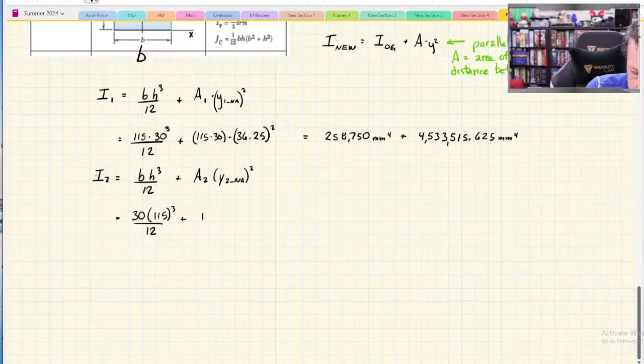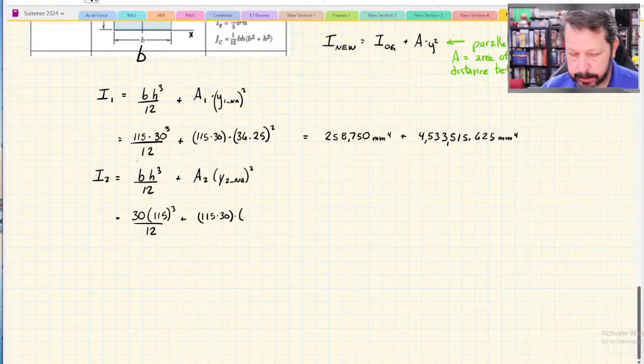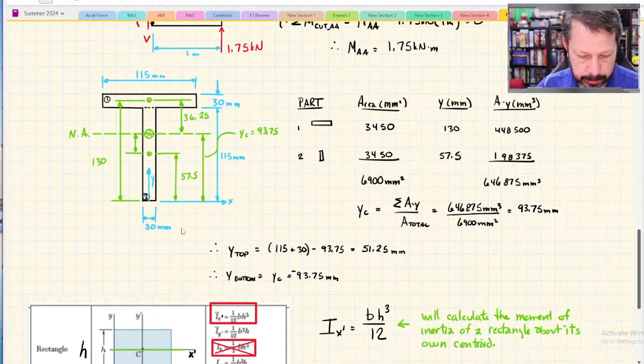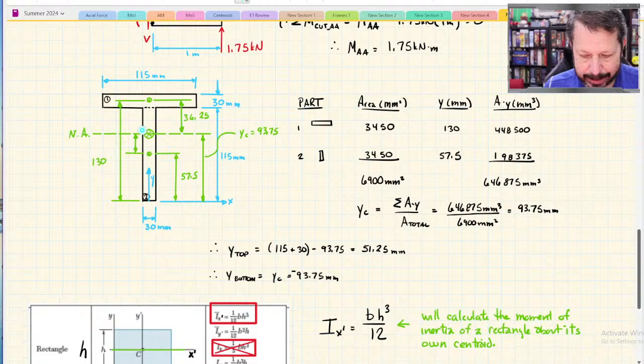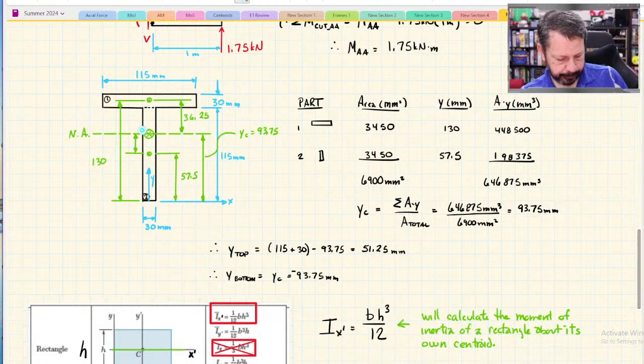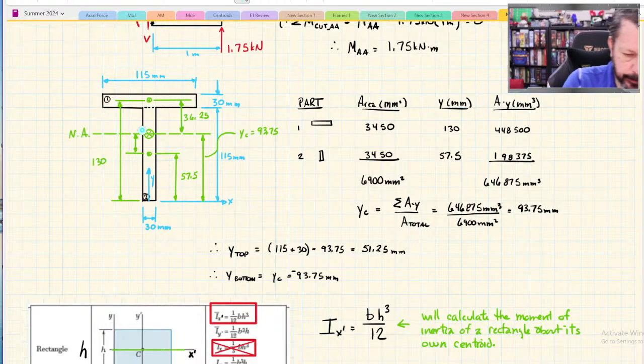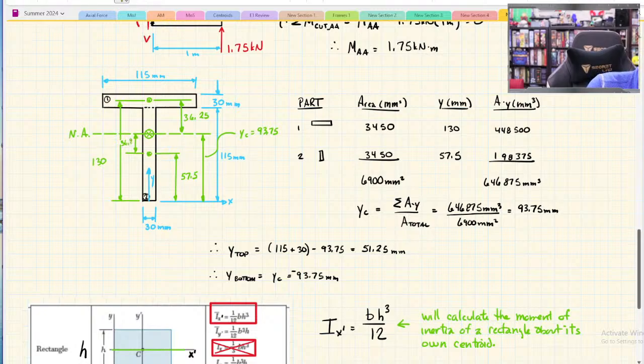Plus the area, which is the same area. And the distance, let's go back to our picture. The distance here is that distance. So what is that? 93.75 minus 57.5 is 36.25. Don't really have a lot of room to write that, but there it is.